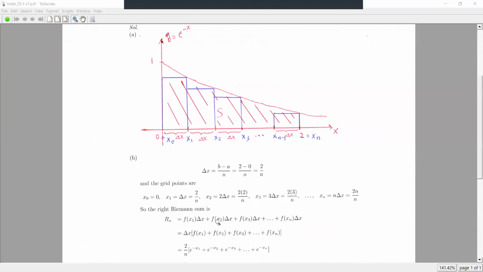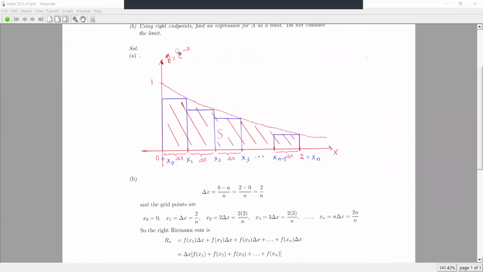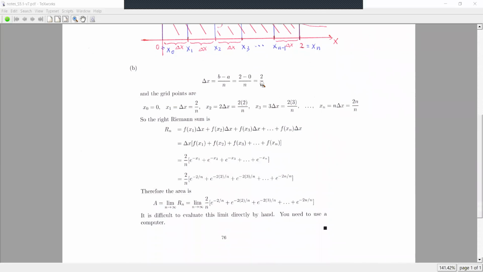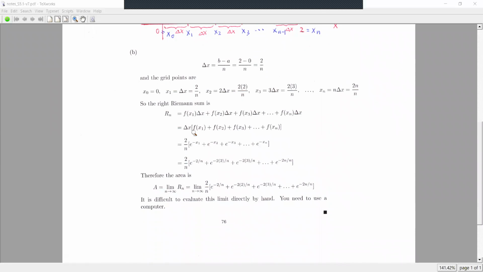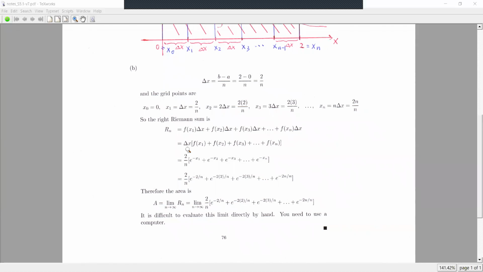What is the function? The function is e to negative x. So the function value at x1 is e to negative x1. Function value at x2, e to negative x2, and so on. Delta x is 2 over n.